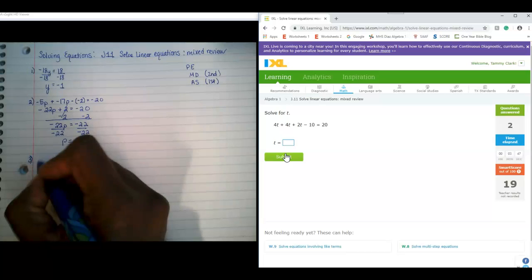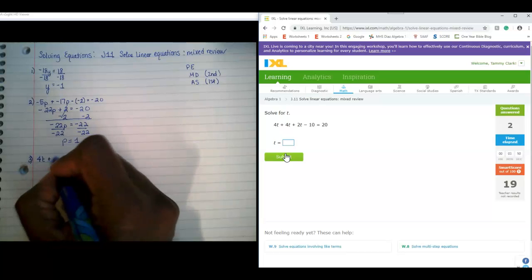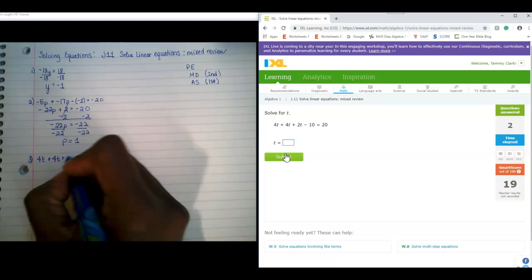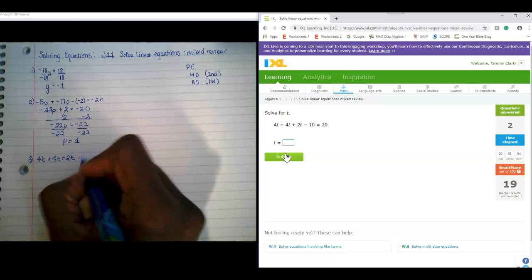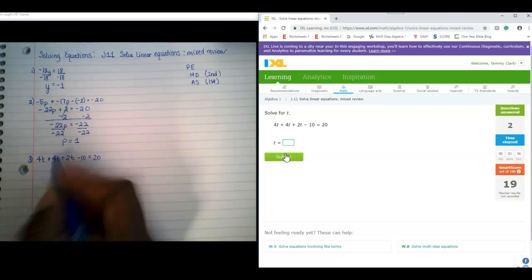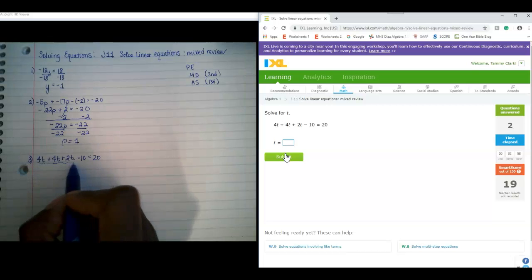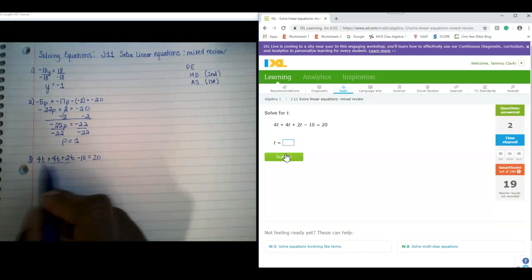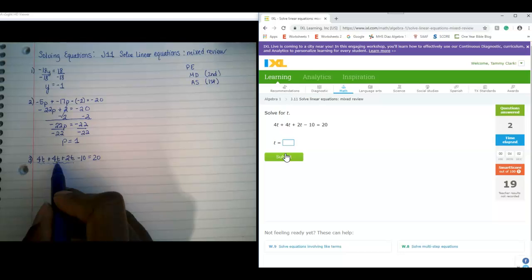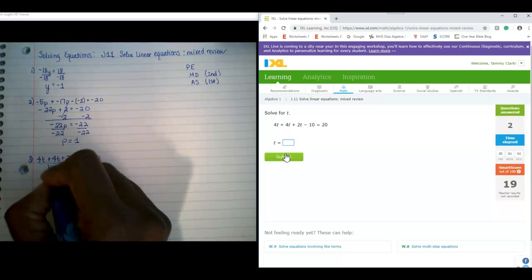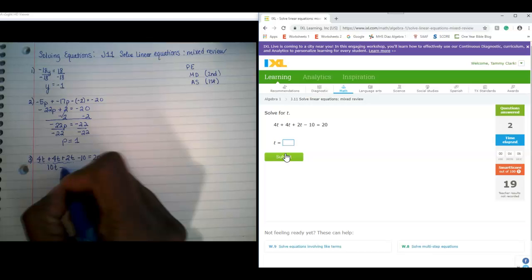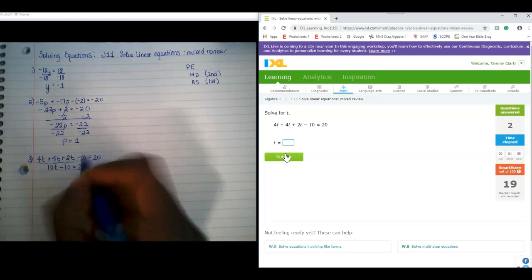Number 3, we have 4t plus 4t plus 2t minus 10 equals 20. Well, notice all of these are like terms, so let's combine those first. 4t plus 4t is 8t plus 2t is 10t minus 10 equals 20.